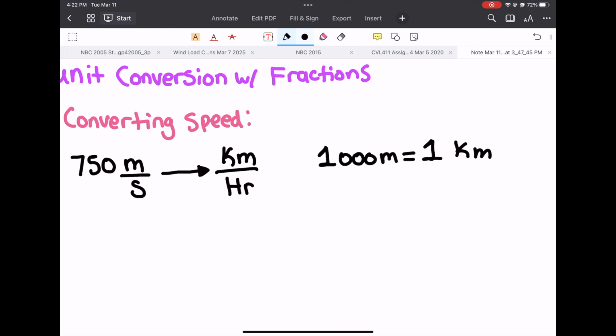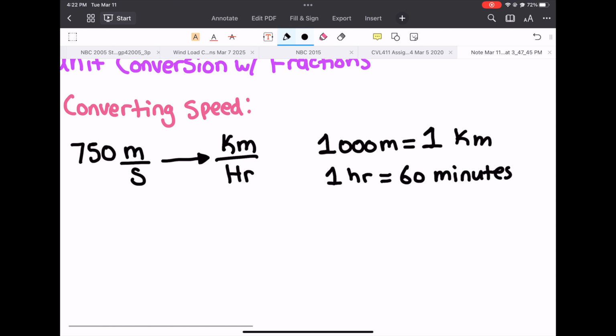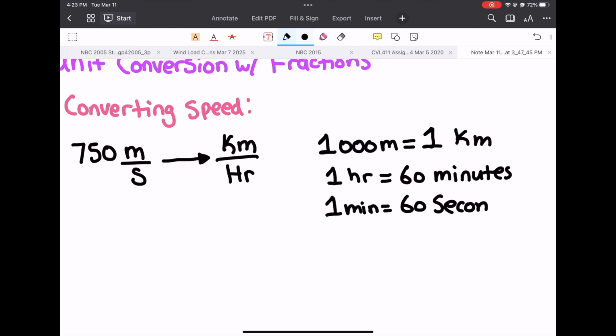We also know that 1 hour has 60 minutes. And we know that 1 minute has 60 seconds.